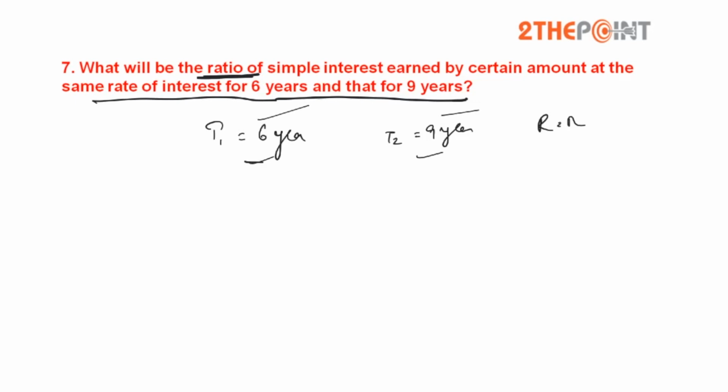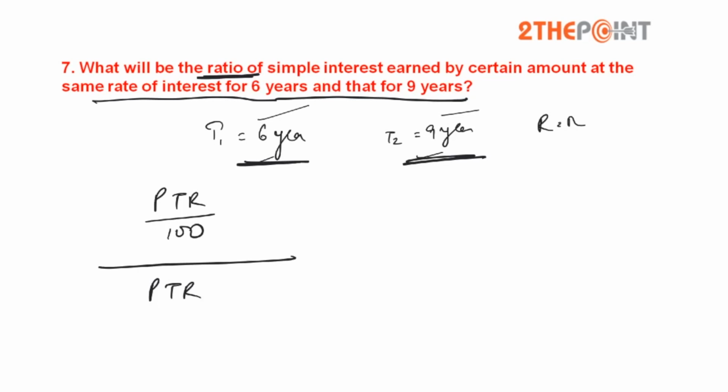Ratio means a comparison of both. First let's compare 6:9, that is simple interest for 6 years first. PTR by 100 is for 6 years, and PTR by 100 for 9 years. Principal is the same, time period is 6, and rate of interest is also the same, by 100.